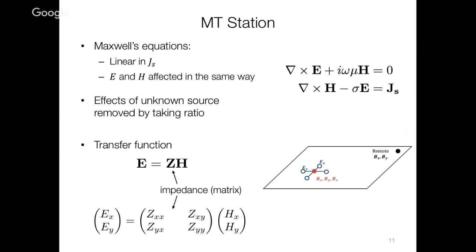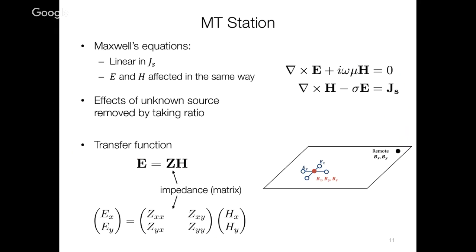The good news is that with Maxwell's equations written like this, the electric and the magnetic fields depend the same way on the sources. So if I have a source here, then E and H behave in one particular way. If I have a source over there, then E and H still behave in a relatively similar manner.